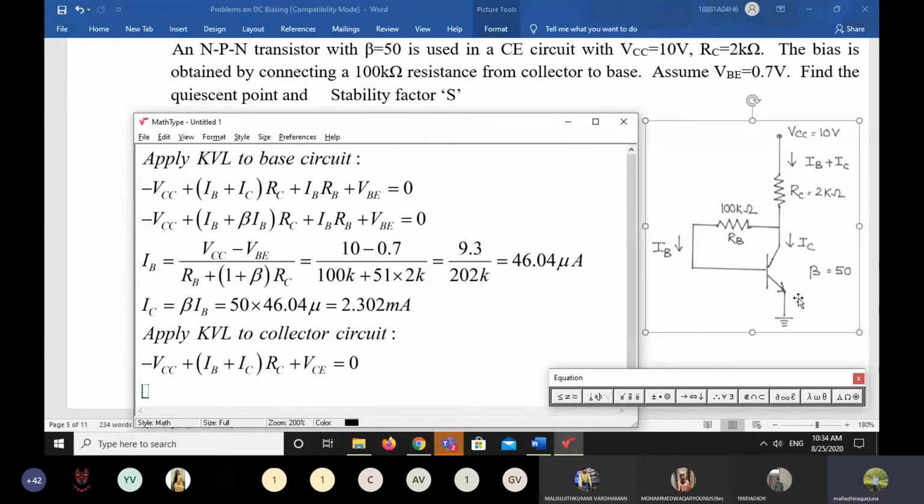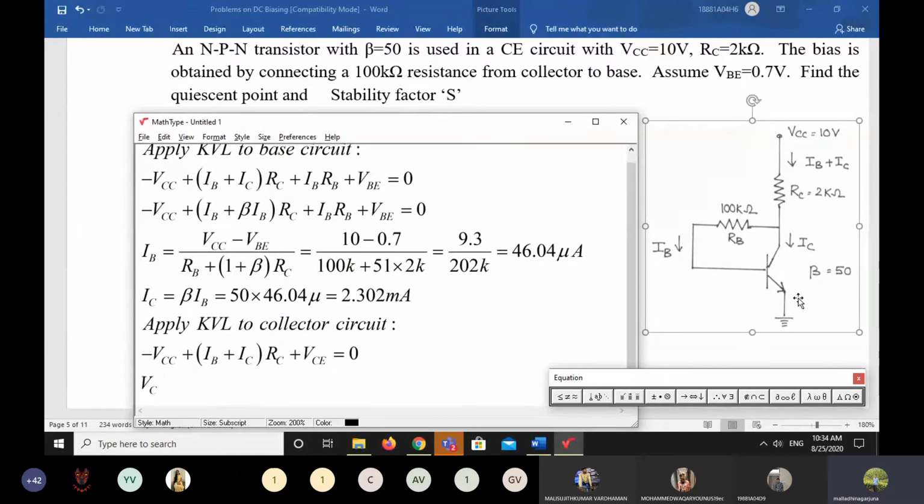Here we have to calculate VCE equal to VCC minus (IB plus IC) RC.